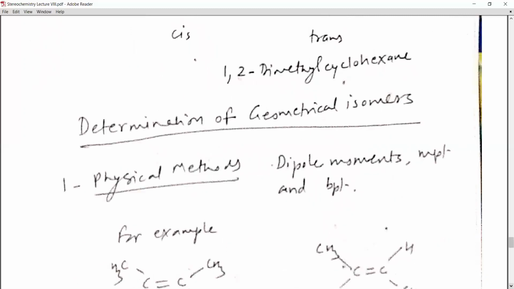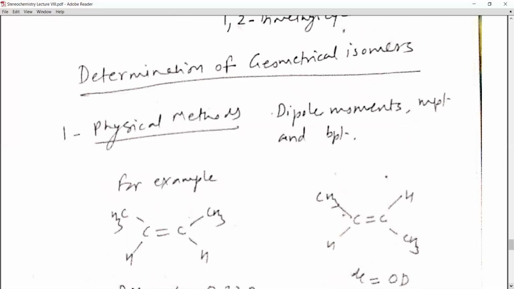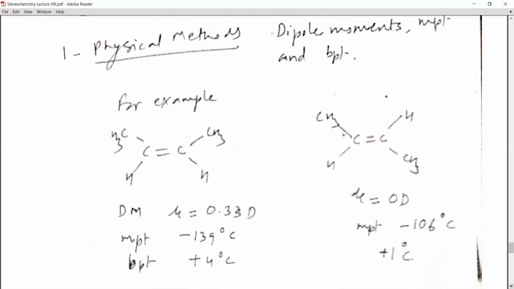Determination of geometrical isomers. What are the properties that differ in their isomerism character? They are physical methods: dipole moment, melting point and boiling point. Take this example, cis-2-butene and trans-2-butene. The dipole moment of cis-2-butene is about 0.3 Debye, whereas trans-2-butene has dipole moment 0.